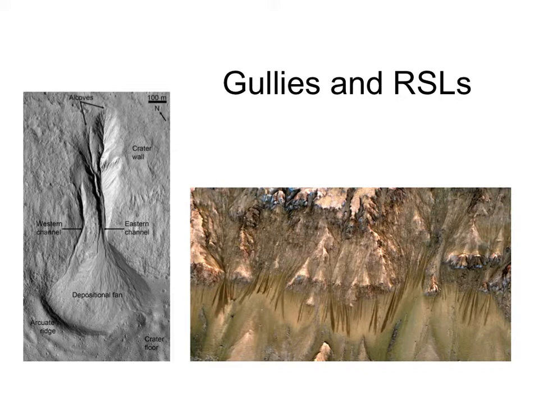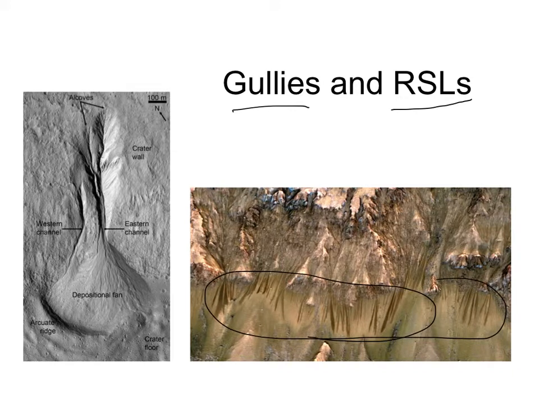There are two topics related to liquid water. This idea of gullies, which is a little bit less in the research focus today, and these recurring slope lineae, which are indicated by what's going on with this figure here.